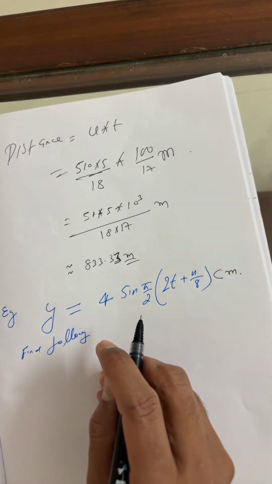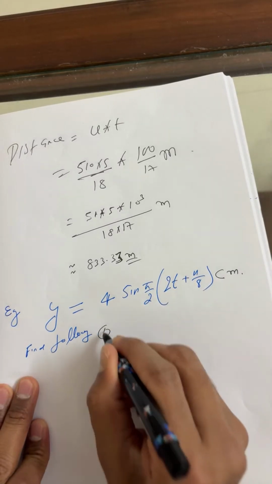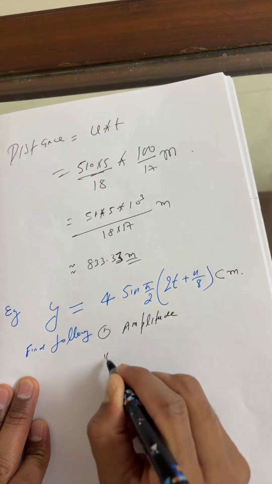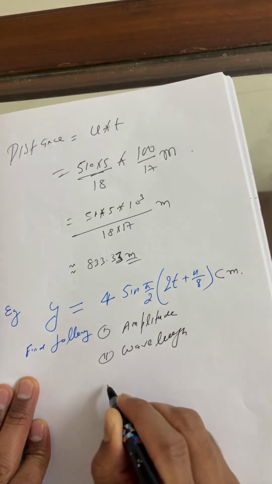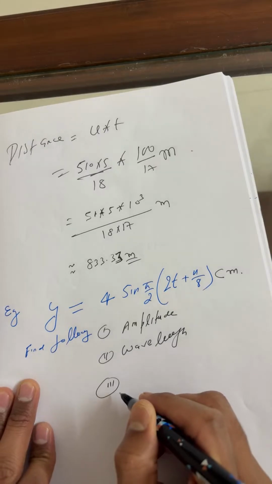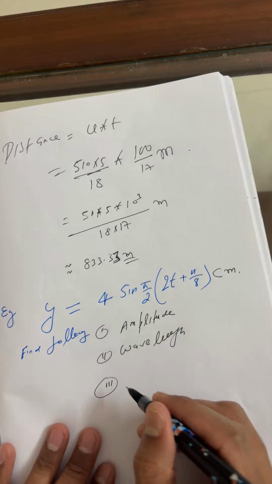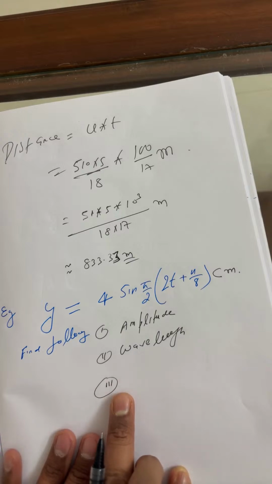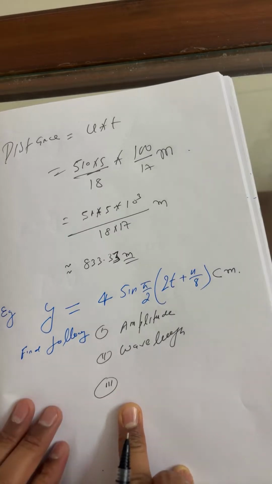You have to first find the amplitude and wavelength. Then the phase difference between two positions of the particle. Point third, note it down, it's a very long point.